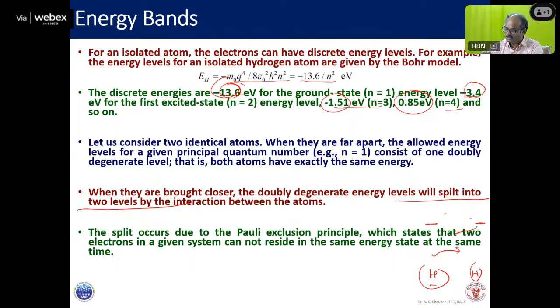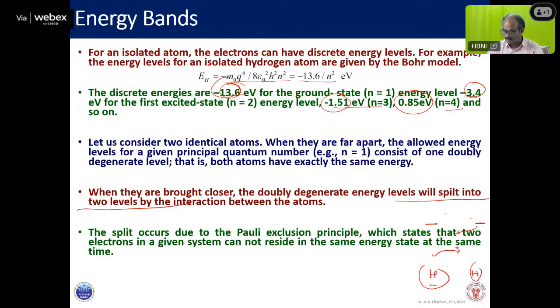Therefore, the electrons residing in their outermost orbit cannot have the same energy level, because they are part of one system now, and they must have different energy levels. In order to follow this principle, the degenerate energy level splits into two levels. So this is a very important concept.